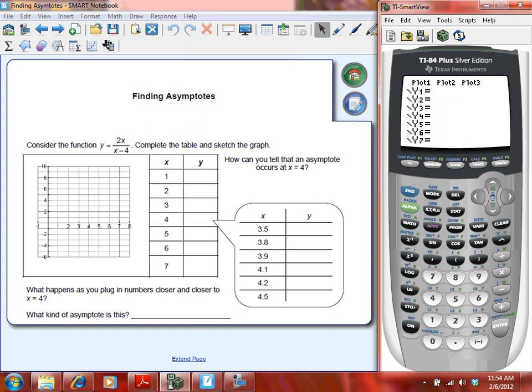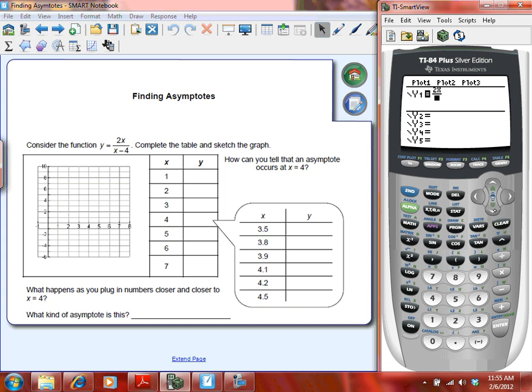So for those of you that forgot how to do it, we go to alpha, which is the green button, and then y equals. This little screen here should pop up. The very first choice you see there is n divided by d, numerator over a denominator. Go ahead and select that one because that's what we have here. Up at the top, we're going to type in the numerator, which in our case is the 2x.